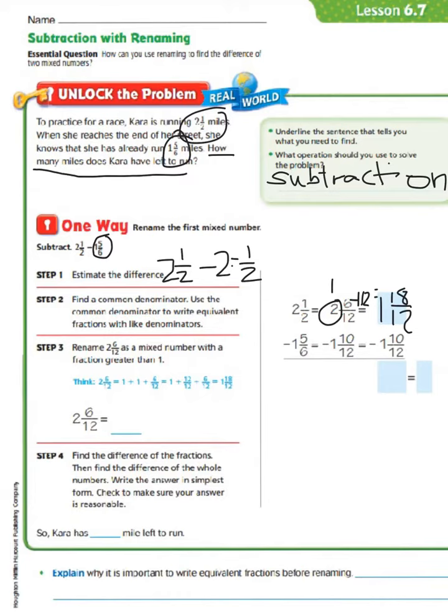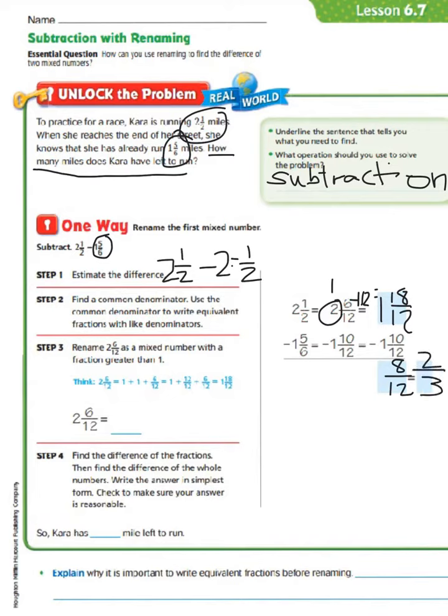And then we can simply bring over 1 10/12 to subtract. So when we do 18 minus 10, that leaves us with 8/12, and 1 minus 1 is 0. So our answer is 8/12. Now we can simplify that to 2/3.